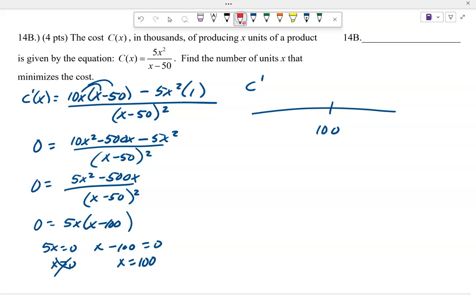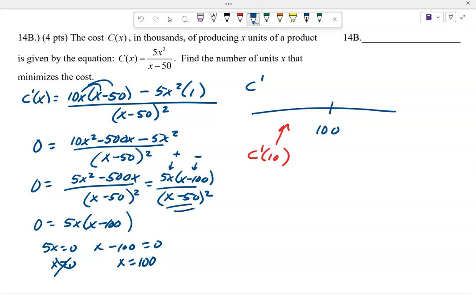If I threw in, let's say, c prime at 10, I plug it into the derivative here. Actually, let me put it in factored form. If I plug that in, 5 times 10 would be a positive here, 10 minus 100 would be a negative right here, and the bottom is always squared, so it's always positive. So negative over a positive is a negative.